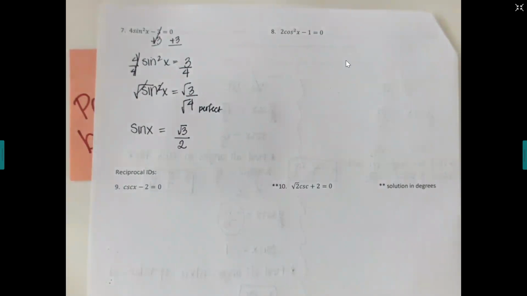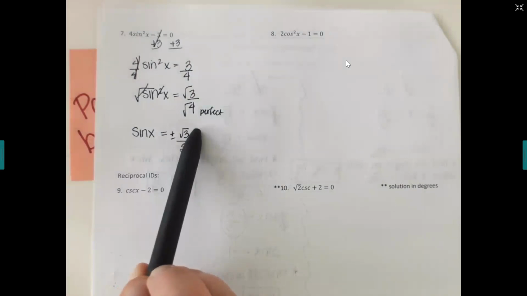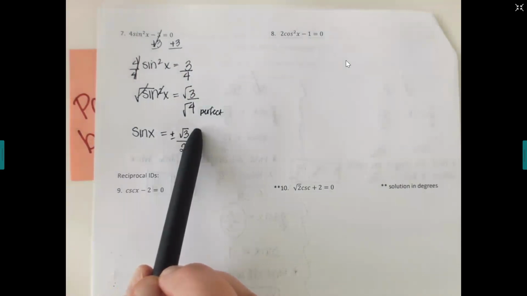Remember that if you take the square root on both sides, you need to put a plus or minus on the other side. Which means that I'm looking for all the angles on the circle where, what comes next? The y value is equal to what? Negative or positive root 3 over 2. So how much of the circle am I looking at? All of it.